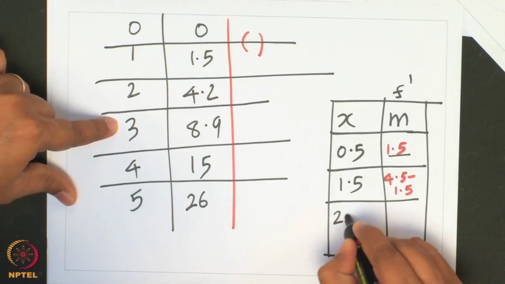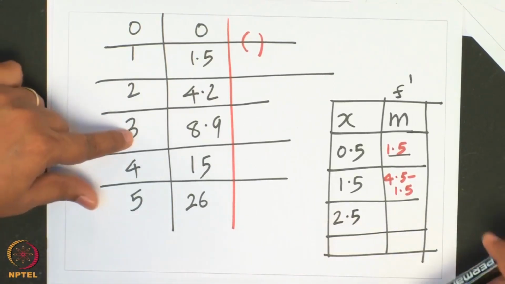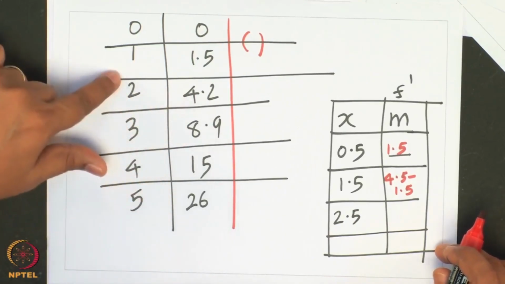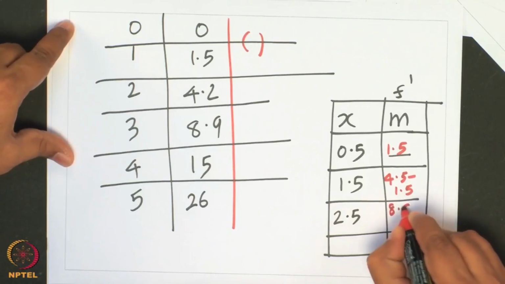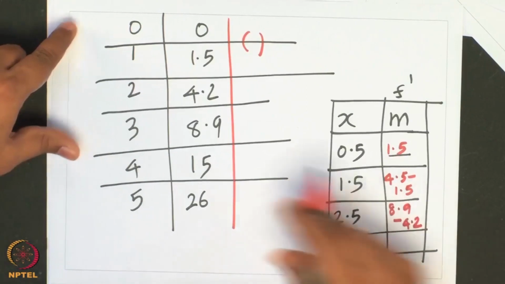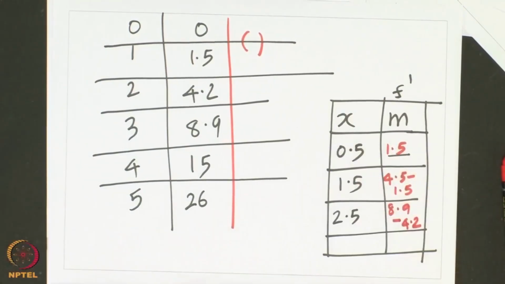Similarly, I can calculate the slope at 2.5. The slope at 2.5 is 8.9 minus 4.2 divided by 3 minus 2. So the point I am trying to make is that with the central difference formula, we calculate the slope, and it corresponds to a value between those two x values that we took.